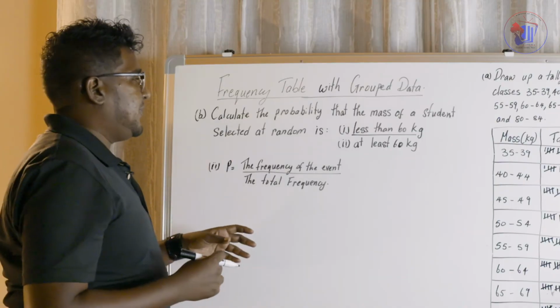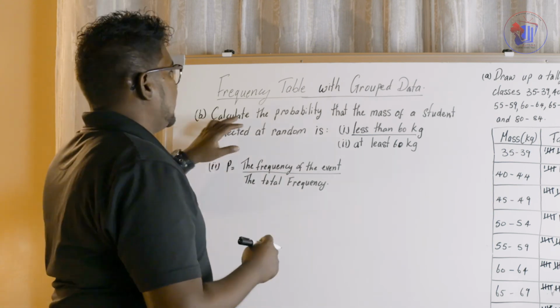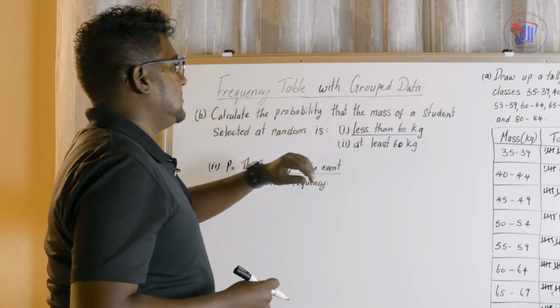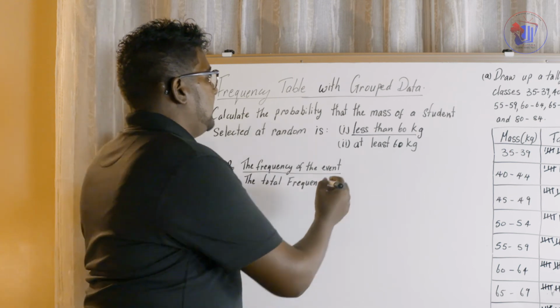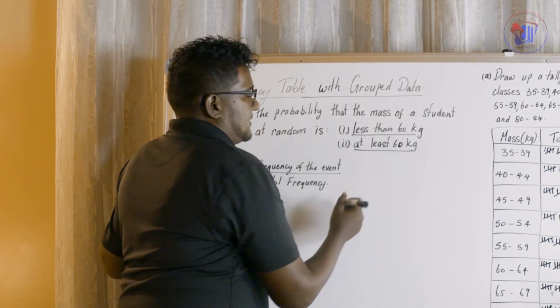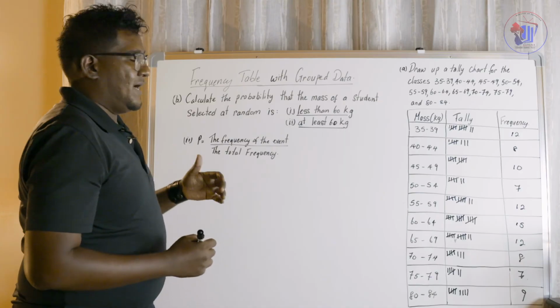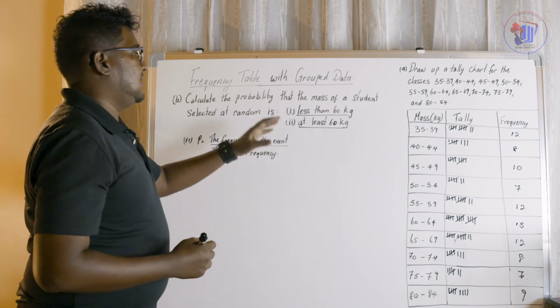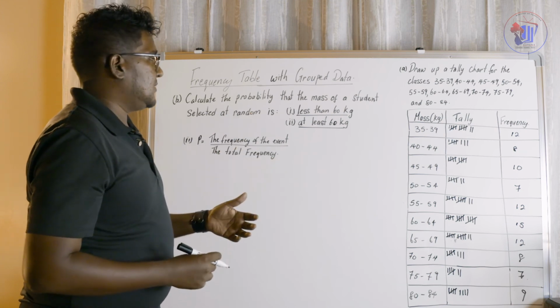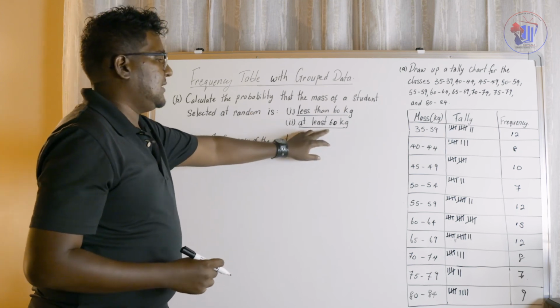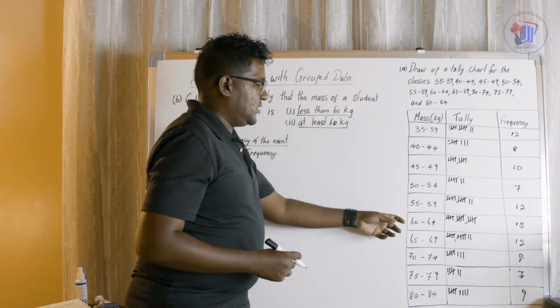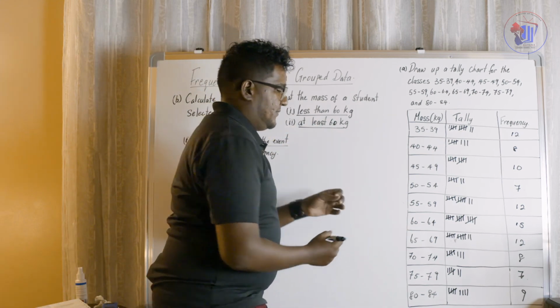The second part of part B asks to calculate the probability that the mass of a student selected at random is at least 60 kg. Now, at least 60 kg means that the least a student could weigh is 60. That means we have to include the class with 60.